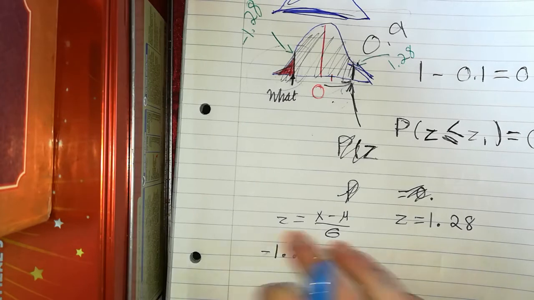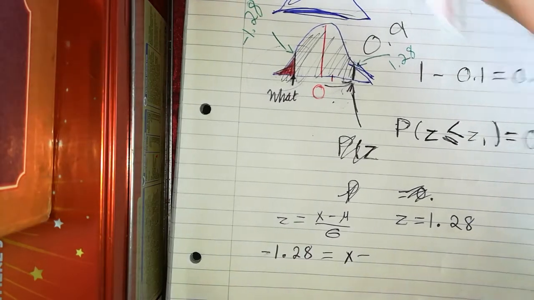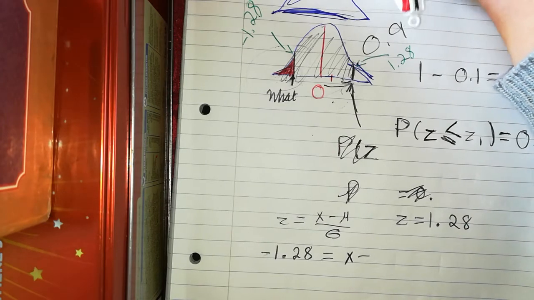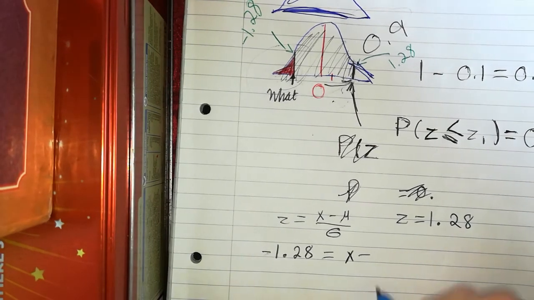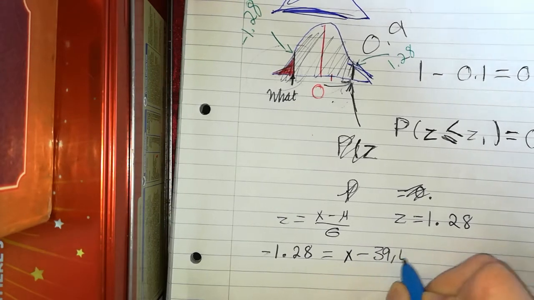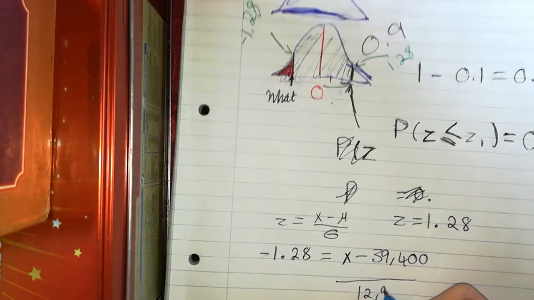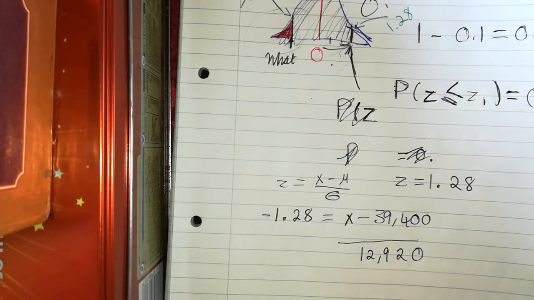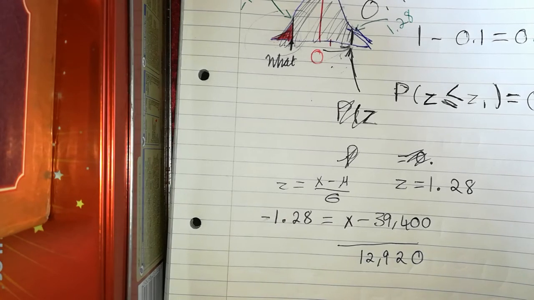We know our standard deviation because we were given that, and the mean is 39,400. It's the same from the previous, over the standard deviation of 12,920.